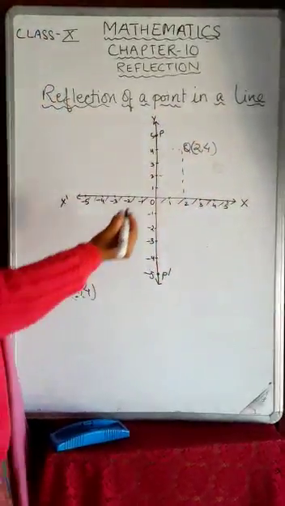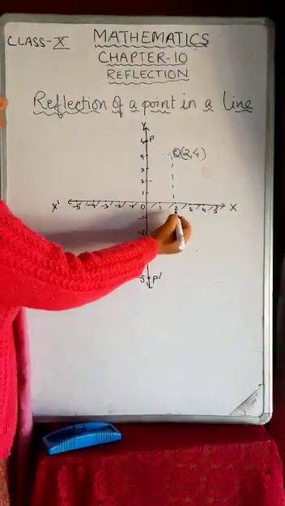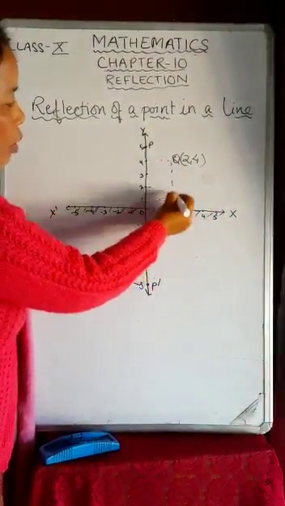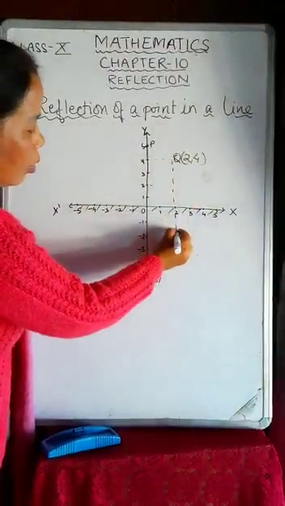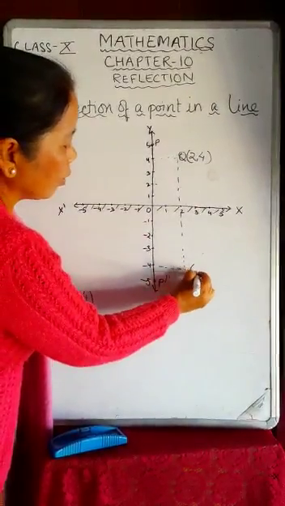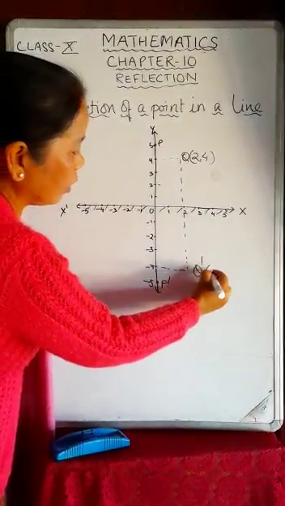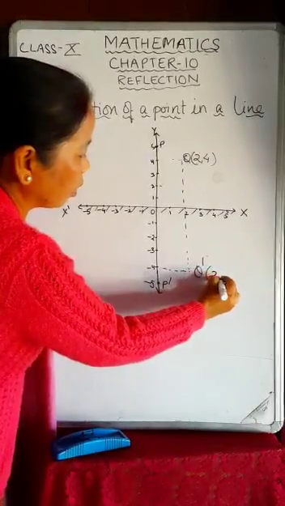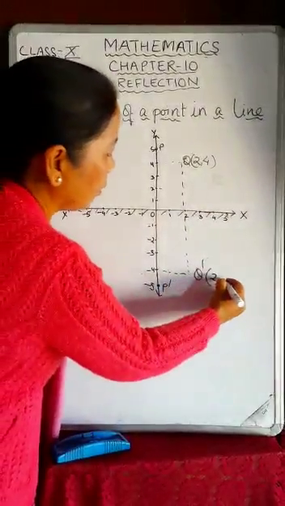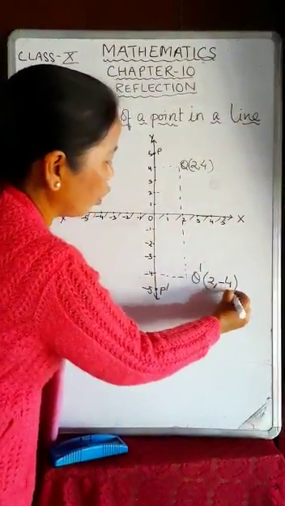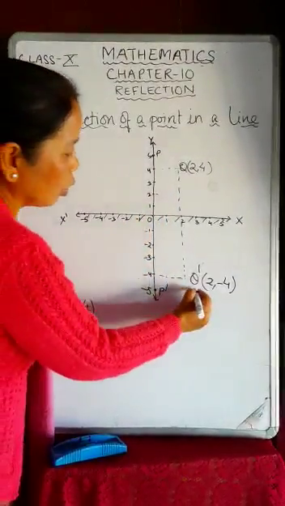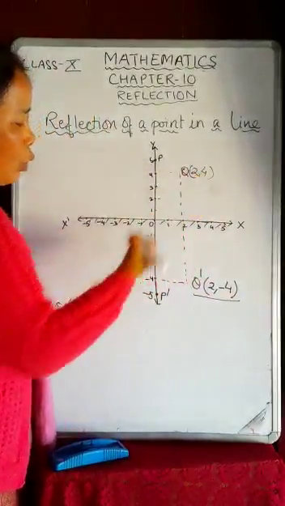If we see the image of Q in the x-axis, the x-axis is like a mirror, so the reflection of this point will be on this side, and it will be Q dash. The coordinates are 2, which will be positive because it is on the right side of the origin, and minus 4 because this point is below the origin. So Q dash is the reflection of Q.